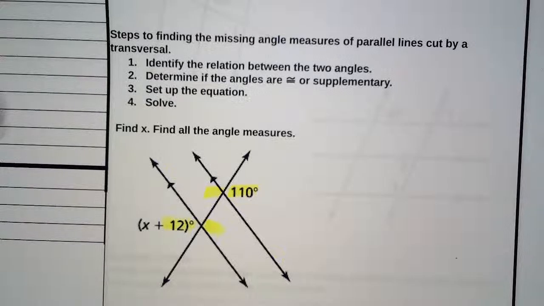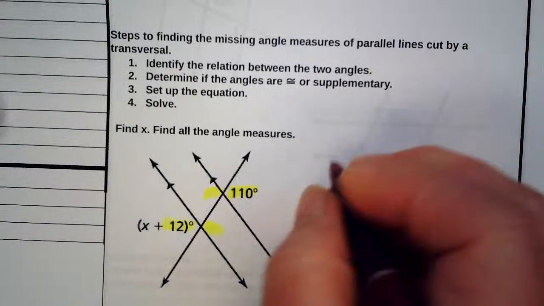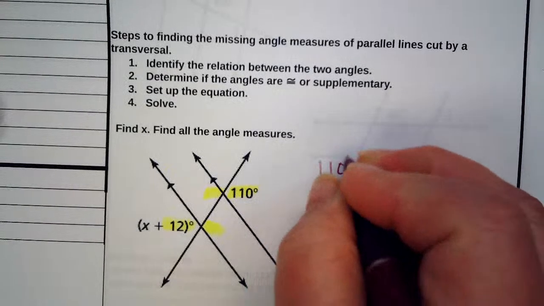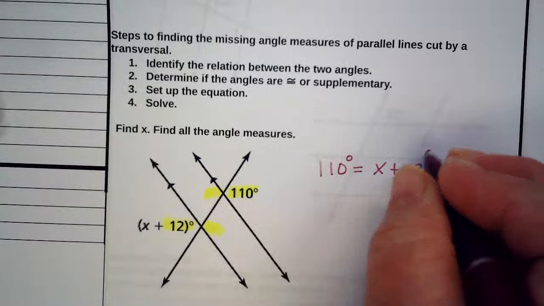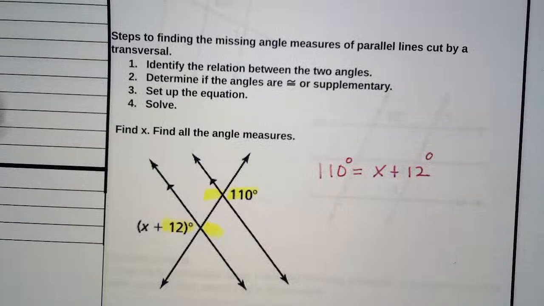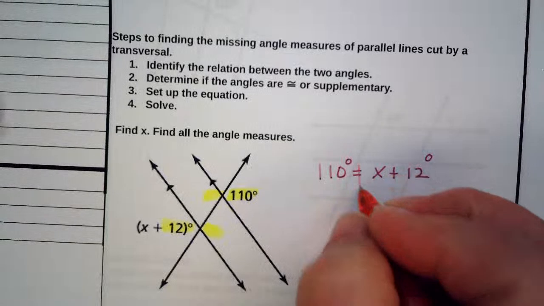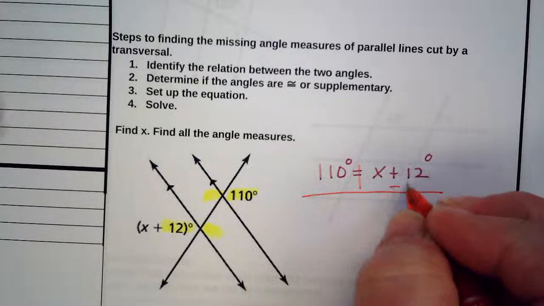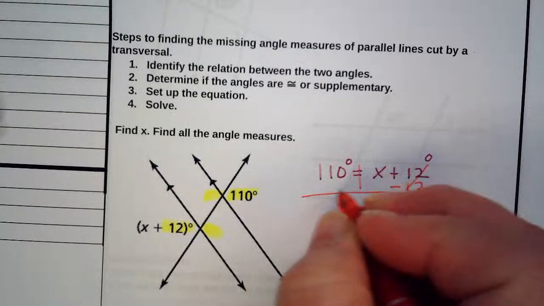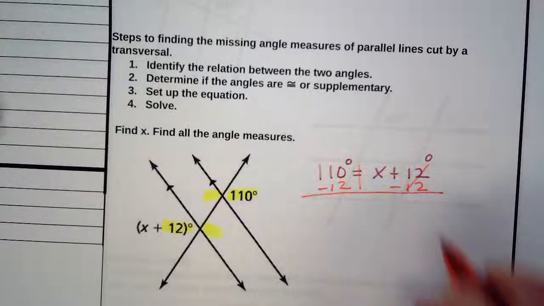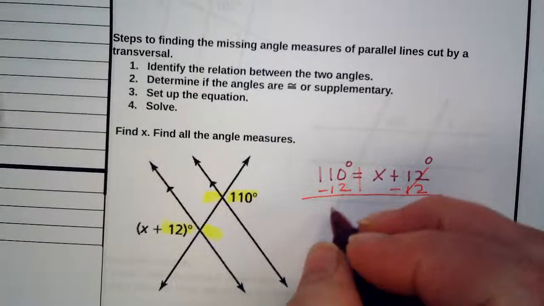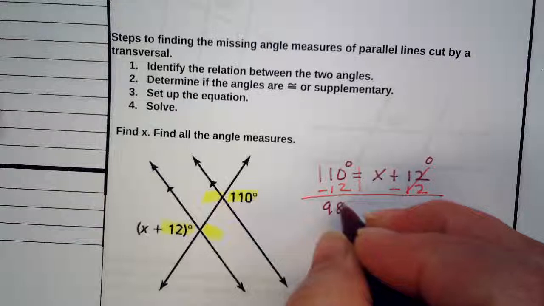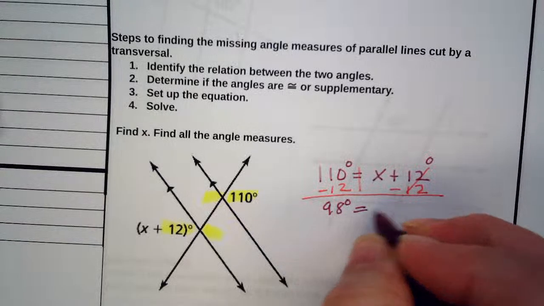To set my equation up, 110 degrees is equal to x plus 12 degrees. I'm going to subtract 12 from both sides. And 110 minus 12 would be 98 degrees. And that is equal to x.